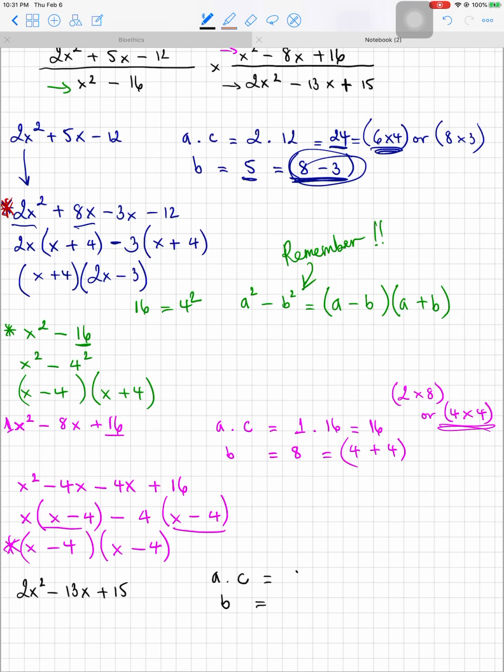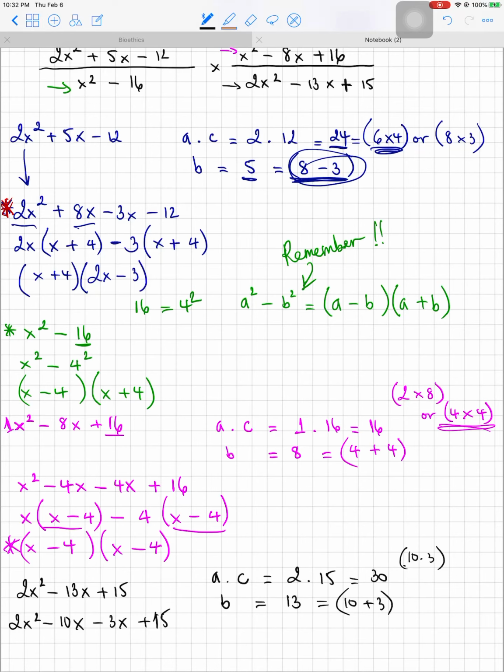So a is going to be 2, c is 15, which gives 30. And b is going to be 13. We look for a common number right here. So we can do 10 multiplied by 3, and this 10 plus 3 equals 13. So let's rewrite 2x squared minus 10x minus 3x plus 15.